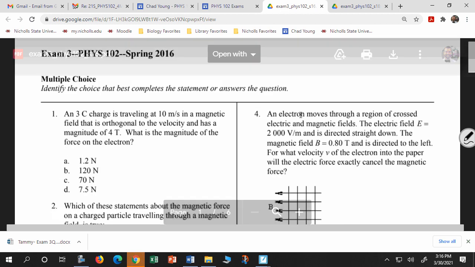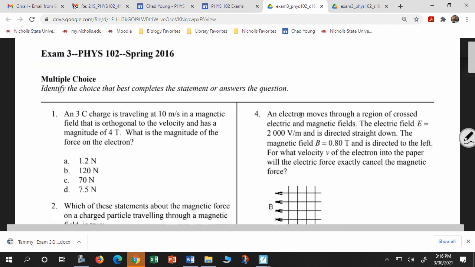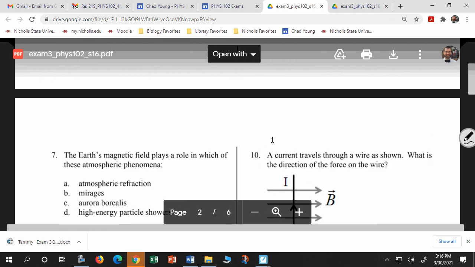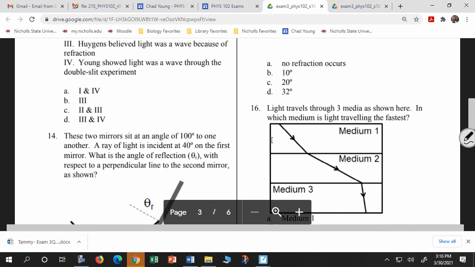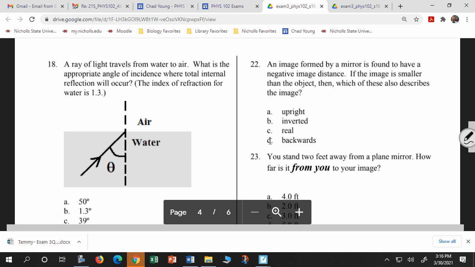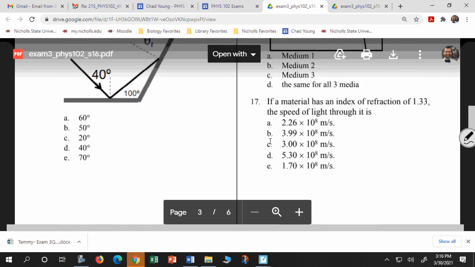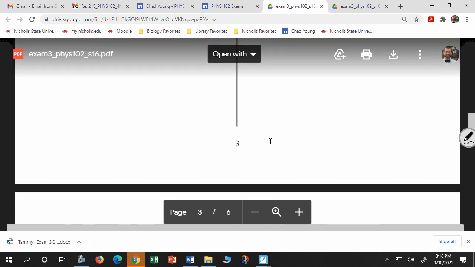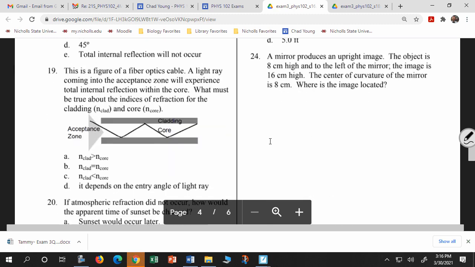Alrighty? Did you say that we were going to have one on 2016, number 19? Is that the percent one? No, that was the fiber optics problem. Oh, sure. Yeah. You need to know that this index right here is the low index, and that this index is the high index.